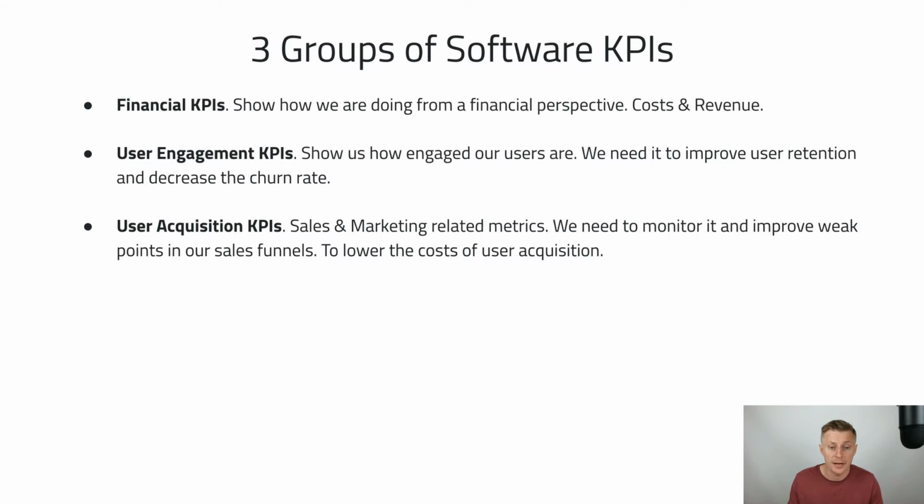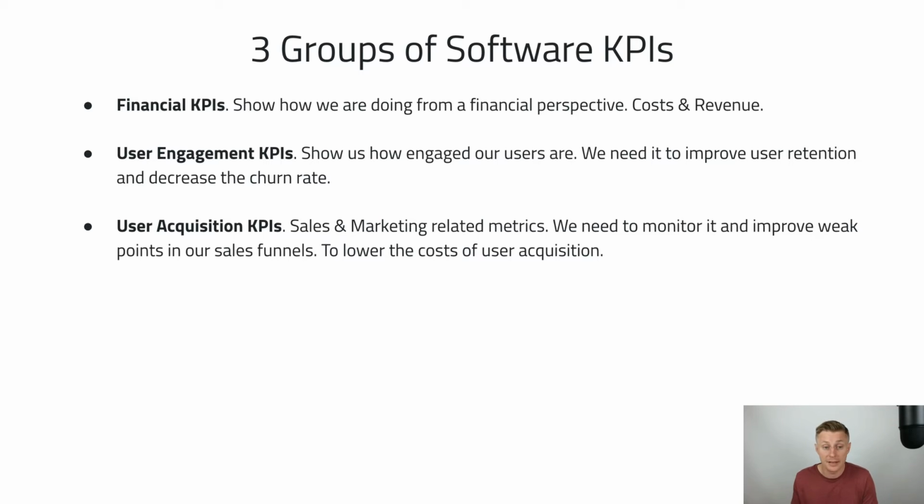The first group of metrics is related to the financial situation of your business. They show us how we are doing financially and whether everything is going fine related to costs and revenue. The second group of indicators shows us how our software performs. We need to know whether our products solve the problem of our customers and whether our users are engaged.